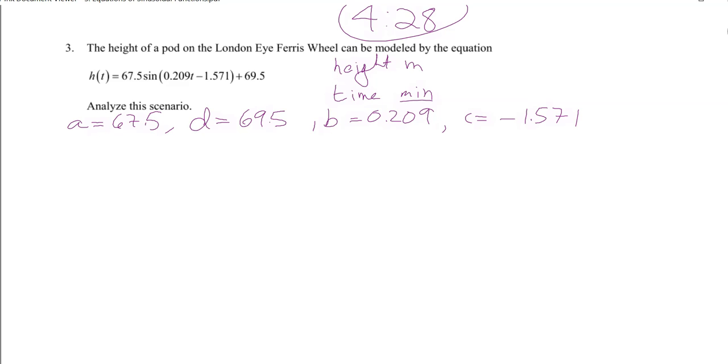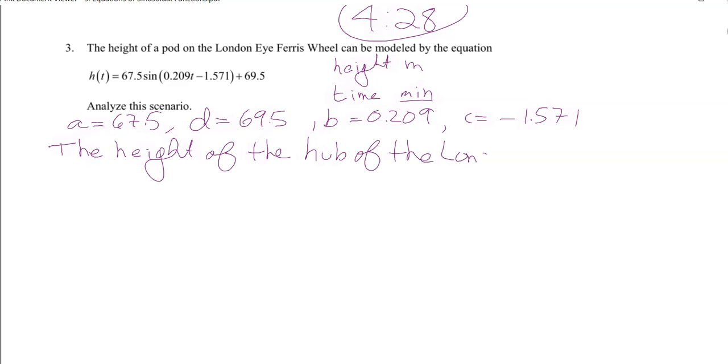All right, where do we start? Start in the middle. What's in the middle of a Ferris wheel? The axle or the hub. So the height of the hub of the London Eye is what?